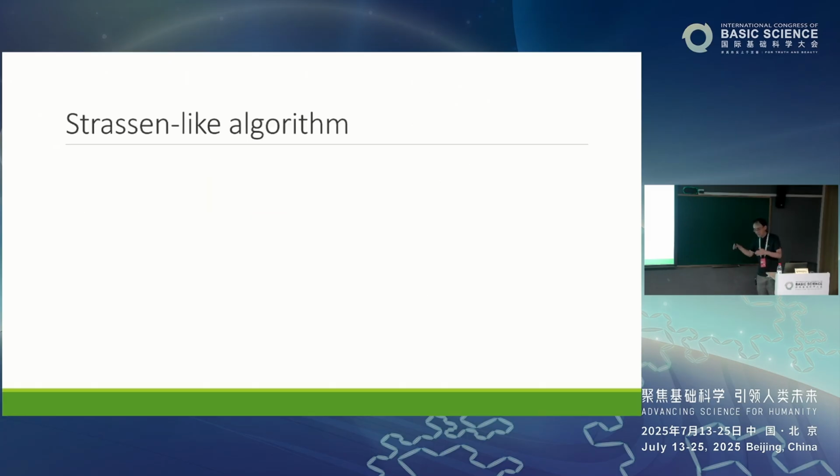So that's the Strassen-like algorithm. We know that we can compute 2 times 2 matrix multiplication in 7 multiplications, so it can be accelerated. And then people tried to find other ways to divide and conquer this problem.